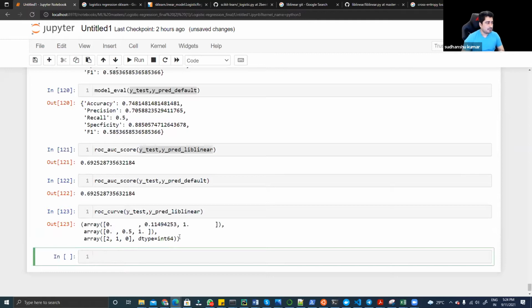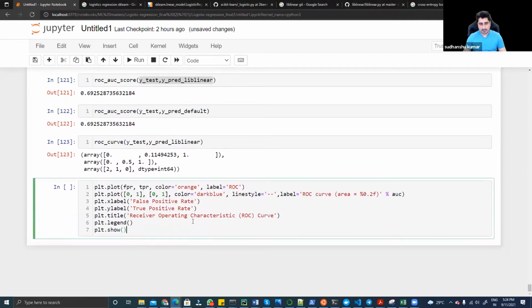These are the three things you will be able to find out: one is the FPR, another one is the TPR, and another one is the threshold. So these are the three outcomes that you will receive: what was the FPR, what was the TPR, and what was the threshold value which was given to you. And if you would like to plot the entire graph, you can try to plot it.